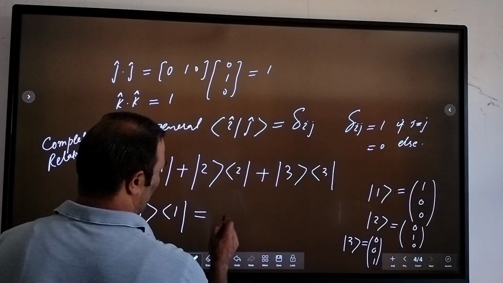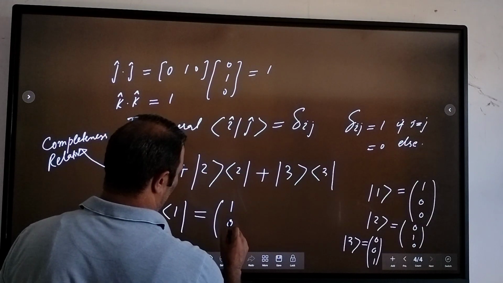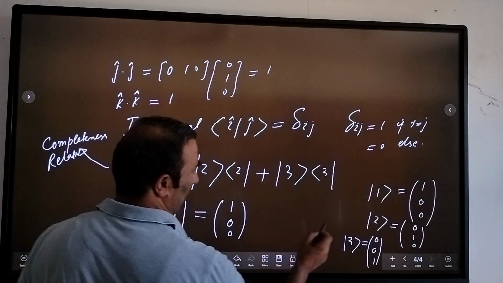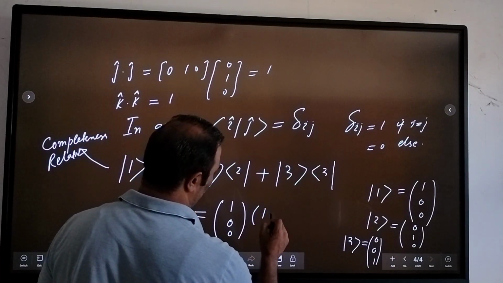So this will be equal to the column 1 0 0 multiplied by the row 1 0 0.